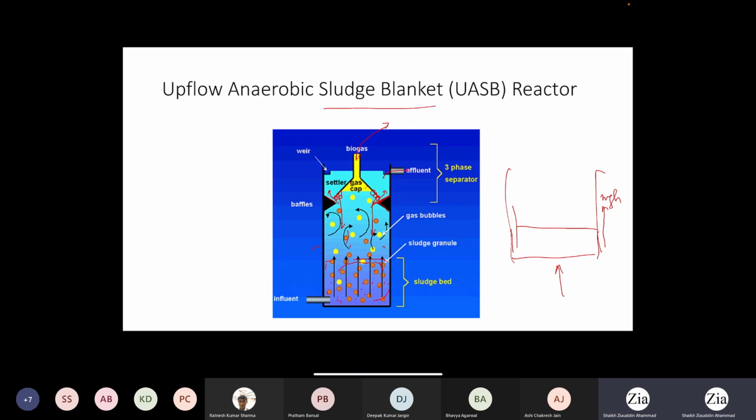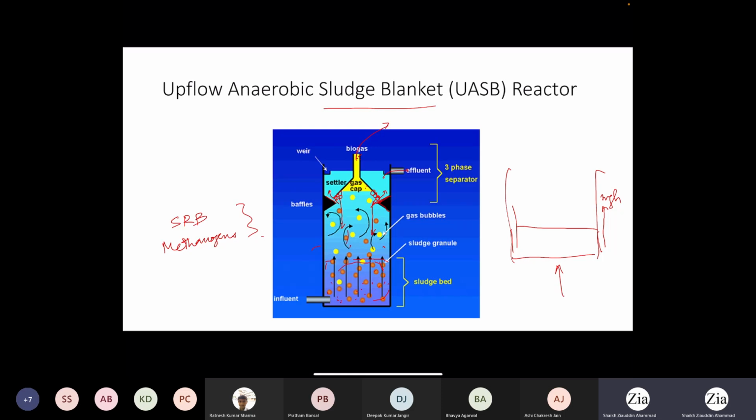So typically in an anaerobic treatment system, we use a gas polishing unit because the microbes present in the system will not only have methanogens, it will also have sulfate reducing bacteria. So sulfate reducing bacteria and methanogens compete for similar substrate.